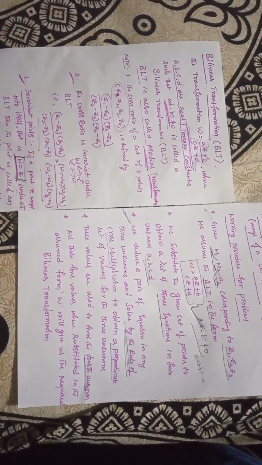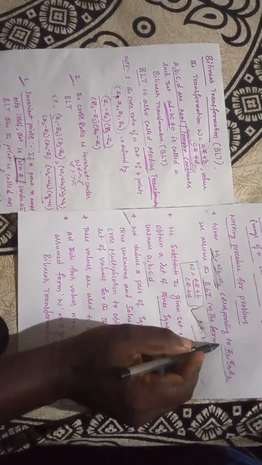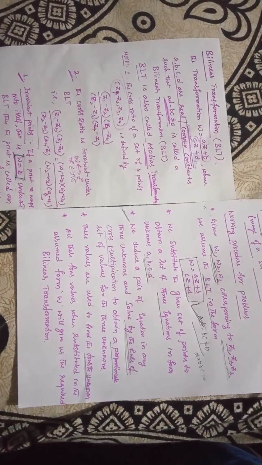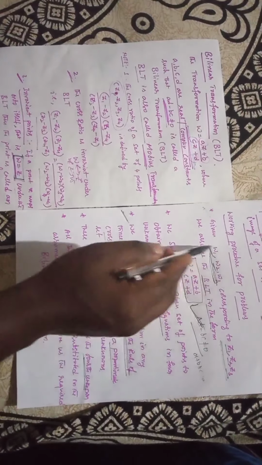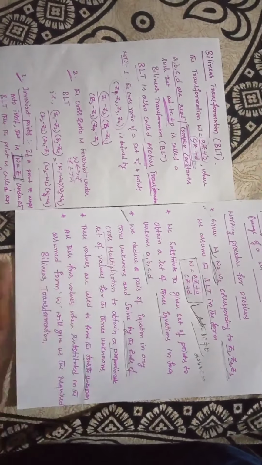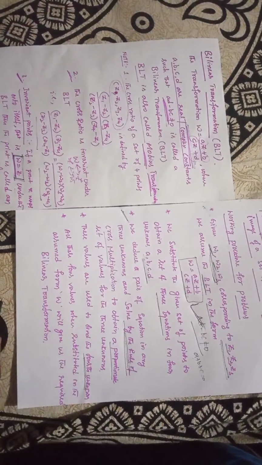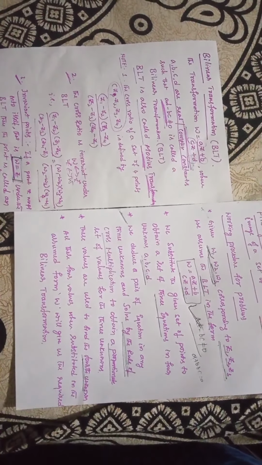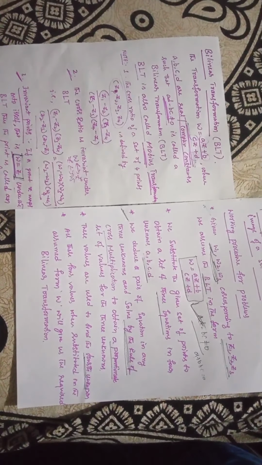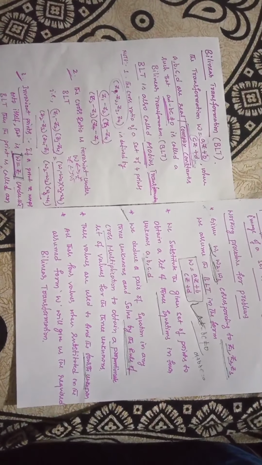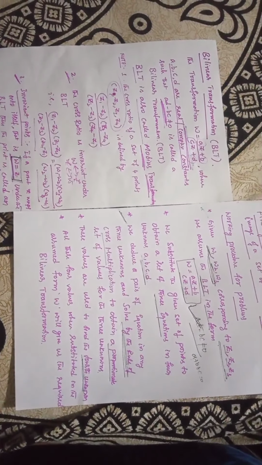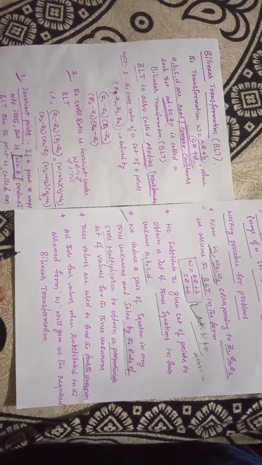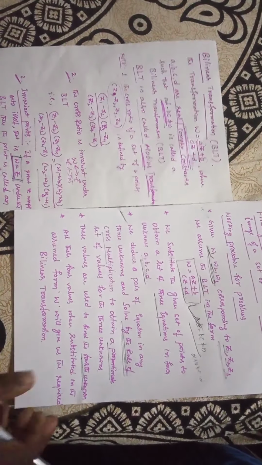So the main thing is to write the points given in the problem, write the standard form, substitute the points to get equations, and solve them by the rule of cross multiplication to get a b c d. Then substitute a b c d in w to get the required bilinear transformation.